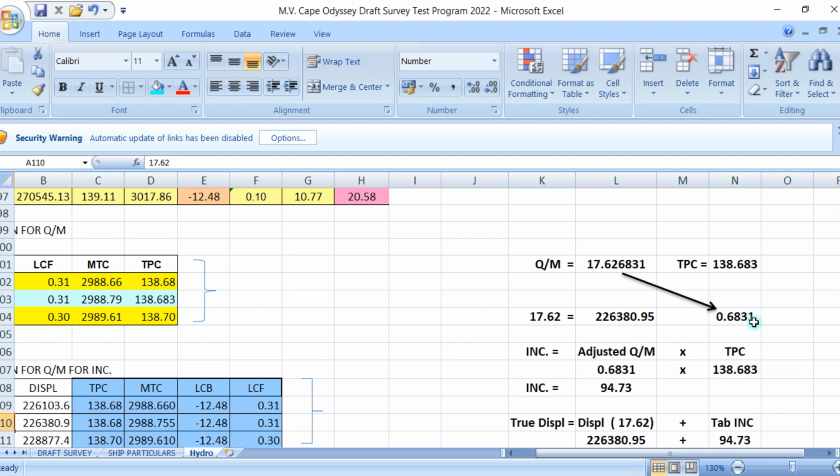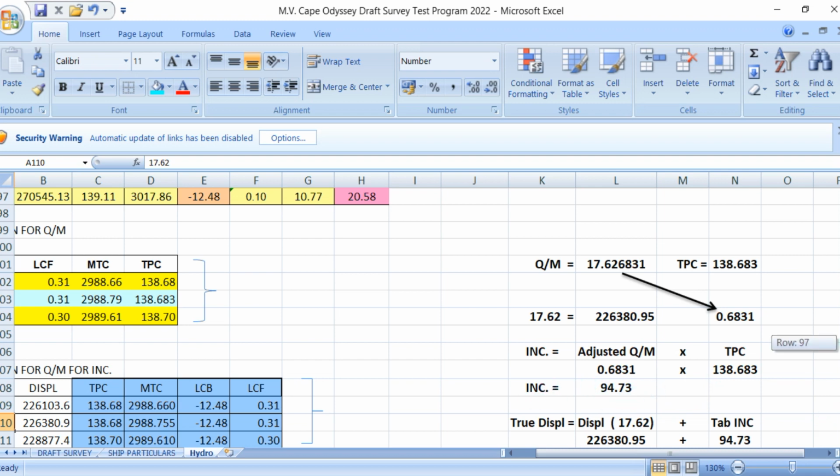So we convert this 0.6831 to increments, or metric tons, because you have a TPC of 138.683. So with this value of 0.6831 multiplied with your TPC, you will have increments of 94.73.